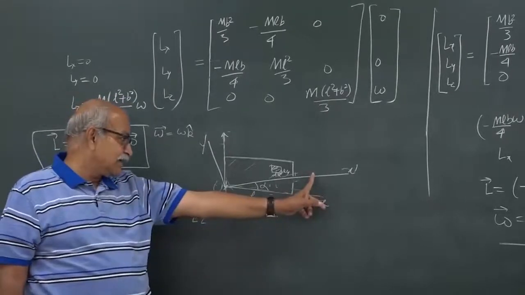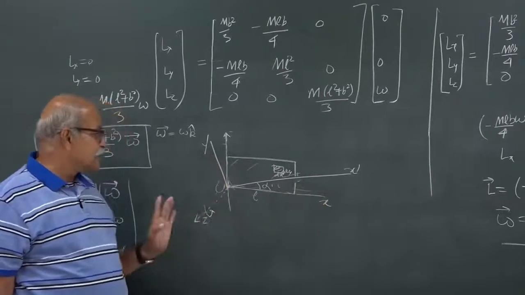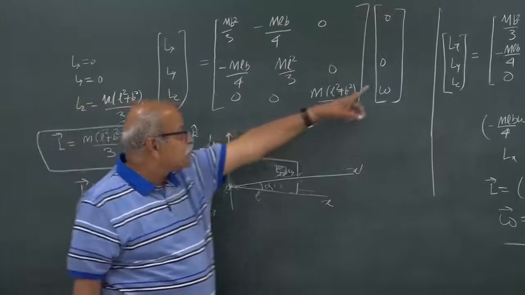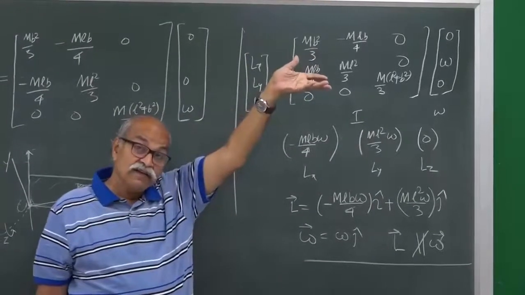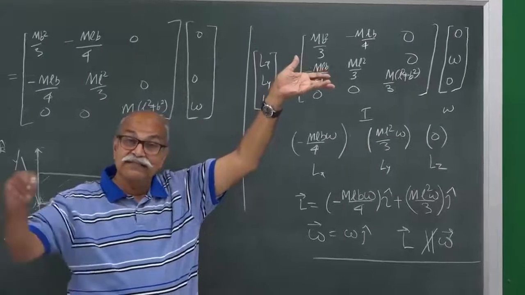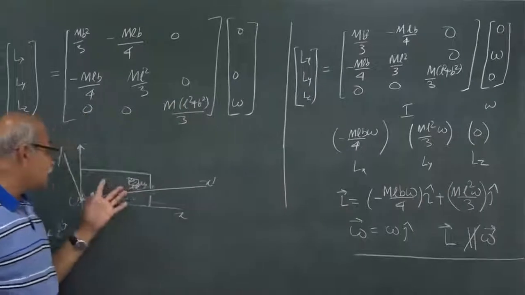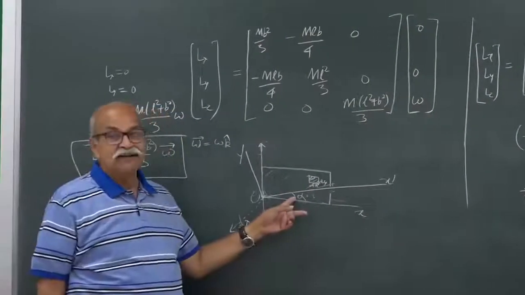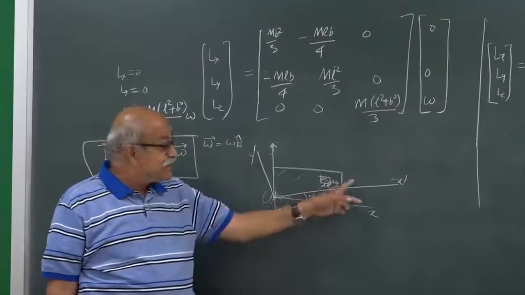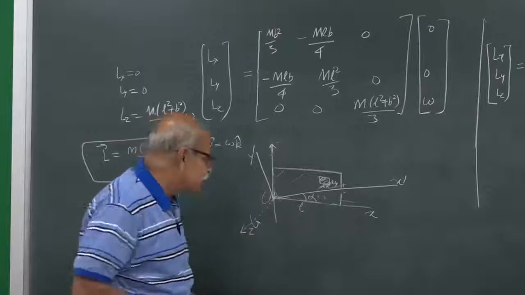So, take this as x axis, take this as y axis and the z axis is here, and calculate these terms from the very basic definitions: I xy is equal to minus summation m i x i y i. Calculate that product of inertia, put that equal to 0 and find what is alpha. Then you will get those three principal directions.